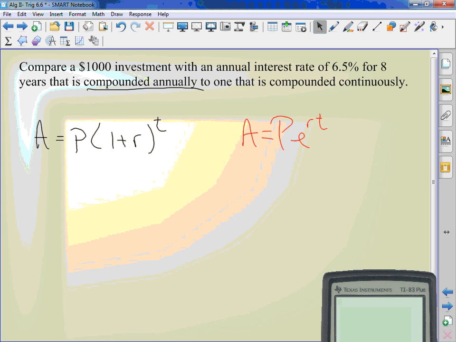For the first one, A equals, how much money? 1,000 times 1 plus, what's my rate? 0.065. What's my time? My time is 8 years.